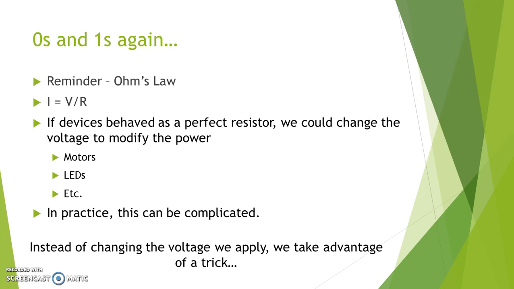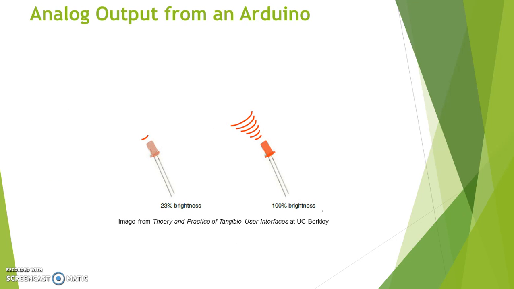And instead of using voltage to try to control these things, instead, we use a trick. So if we look at an LED, we could theoretically get at something like power by changing the amount of voltage we put through an LED.